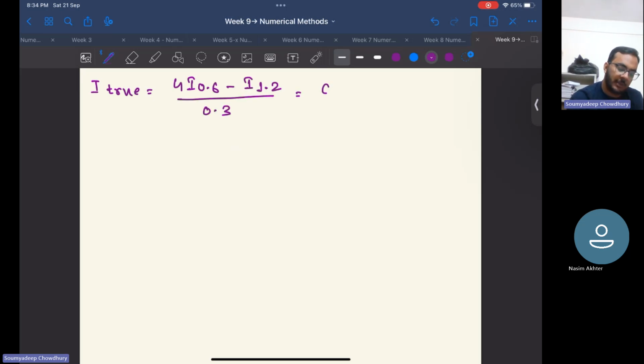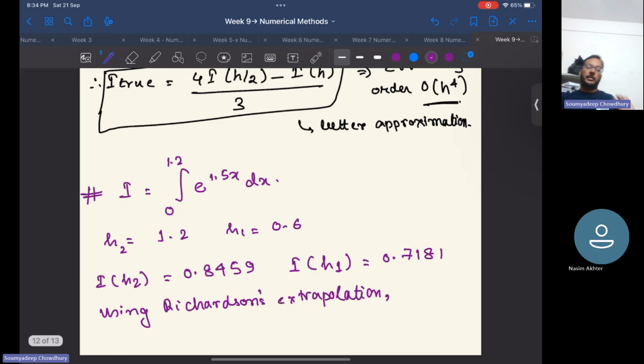If you substitute these values, you will see you are getting 0.6755, which is more accurate than your 0.7181 or 0.8459. So you can easily understand that using this Richardson extrapolation, we can easily get a more accurate and better approximation to the integral. Clear? Yes, yes, clear.